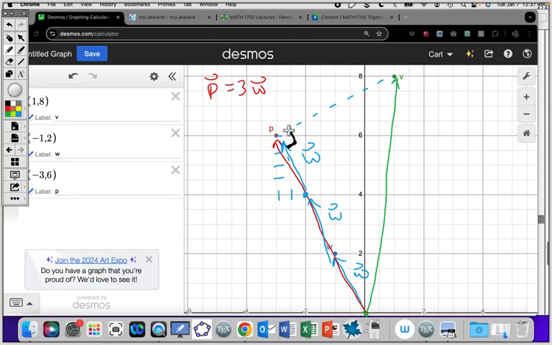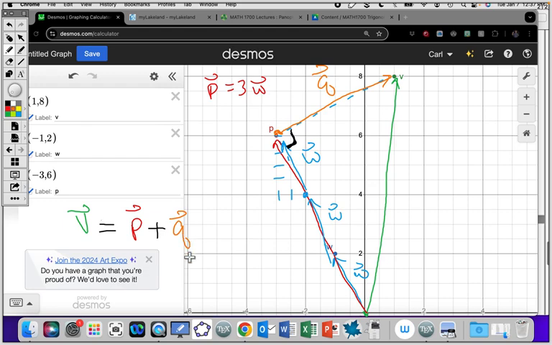What I'm going to do is I'm going to call this vector Q. So Q is going to be the vector that starts at the terminal point of P and ends at the terminal point of V. In other words, I'm going to define Q so that the vector V is equal to the vector P, so going along in the direction of W. So I'm going to go 3 W's and then I'm going to go Q. So I'm going to define Q so that it's what's left over.